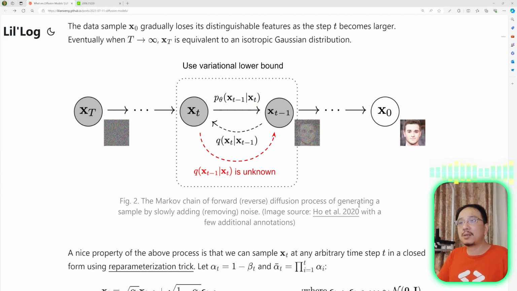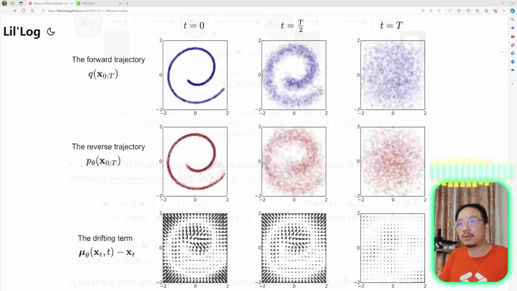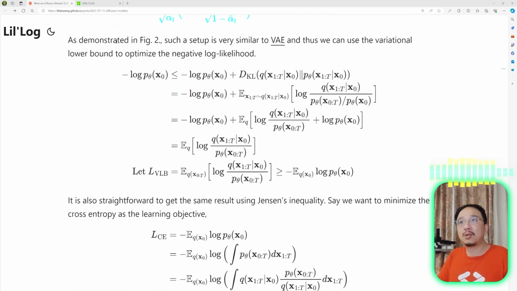Because this process looks similar to the variational autoencoder, we can use a similar technique to derive the loss that we can use to train the model. So let's go back to the formulas. We are still aiming for log likelihood, but using a similar technique, we can have an upper bound of the loss function. It looks like this one.